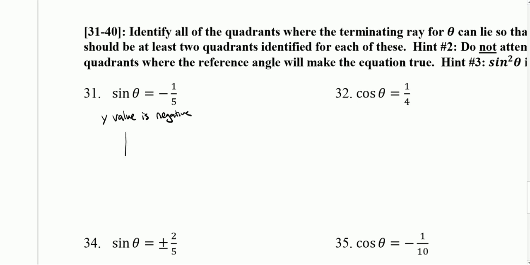So think in which quadrants is your y value negative? Well, your y-axis is the height, so anything below the x-axis, you get a negative y value. So in quadrants 3 and 4. And that's all we need to do here. We're just identifying the quadrants. So your answer is quadrant 3 and quadrant 4.